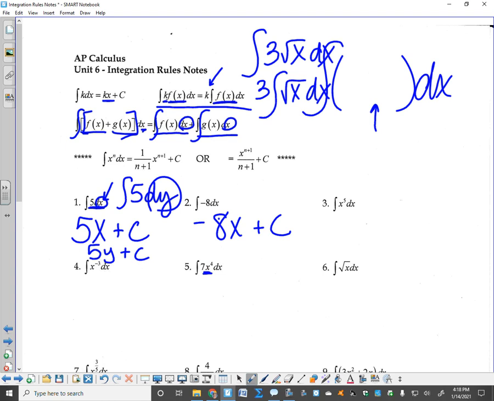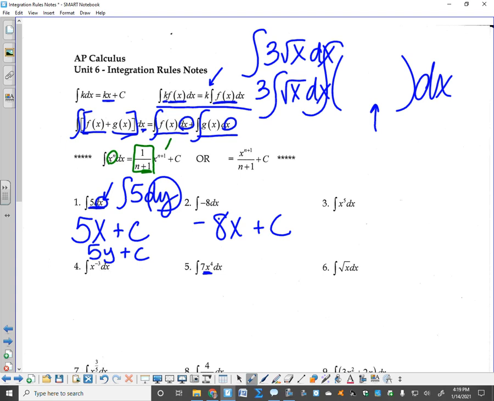Here's the big one. Here's your power rule. So if I'm integrating x to the n dx, I take the power, add 1 to it, and put it on the bottom of a fraction.